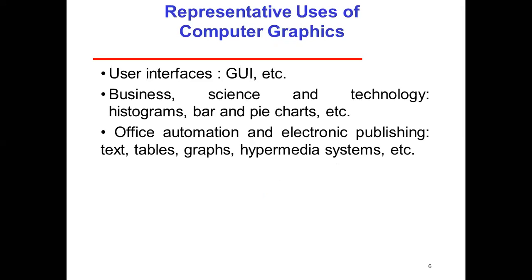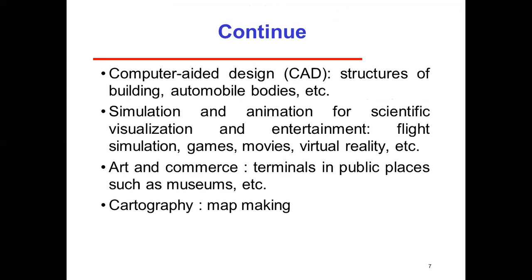User interfaces: we have already discussed graphical user interfaces, etc. In business, science and technology: histograms, bar and pie charts, etc. Office automation, again we are using the same. There is a big role of computer graphics in electronic publishing: text, tables, graphs, hypermedia systems, etc.